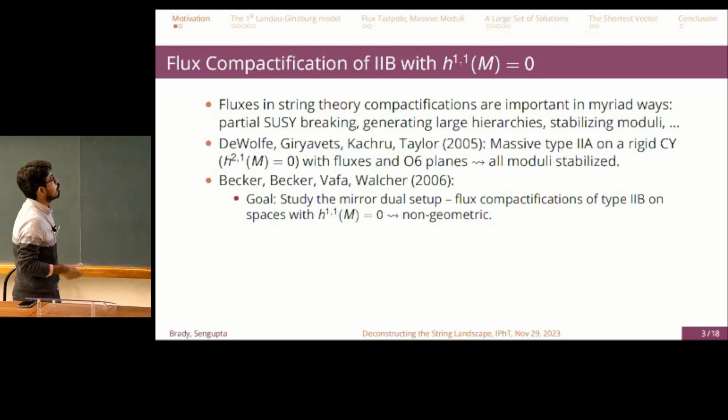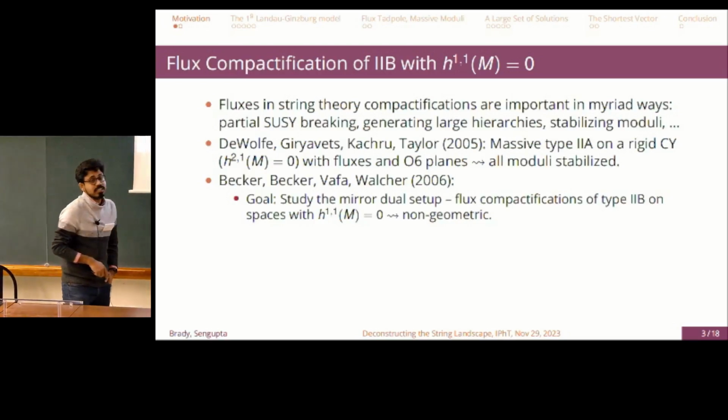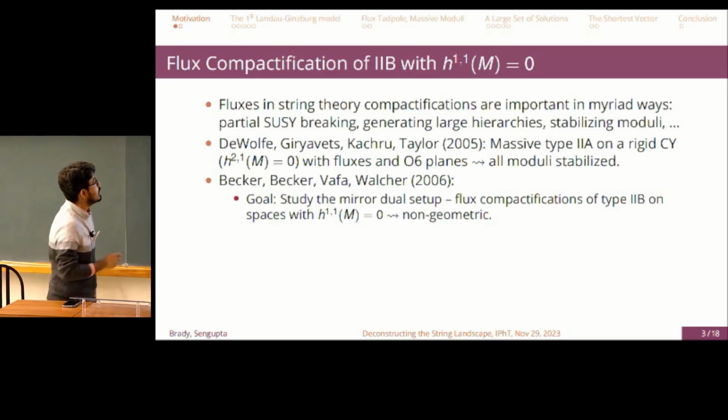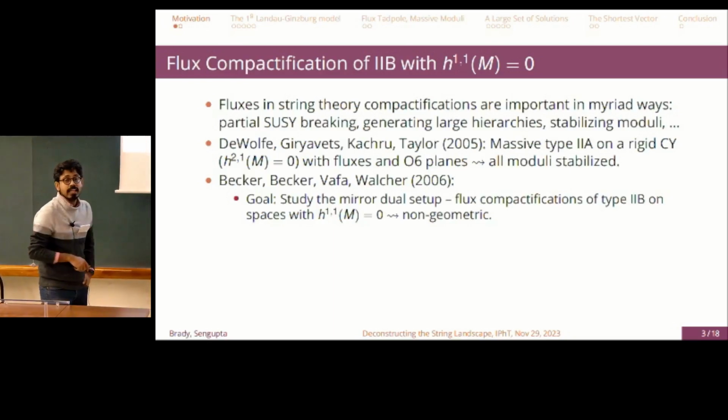So this sort of motivated Becker, Baffa, and Walcher back in 2006 to study the mirror dual setup, where you take type 2B on the mirror dual Calabi-Yau, which has no Kähler structure moduli.